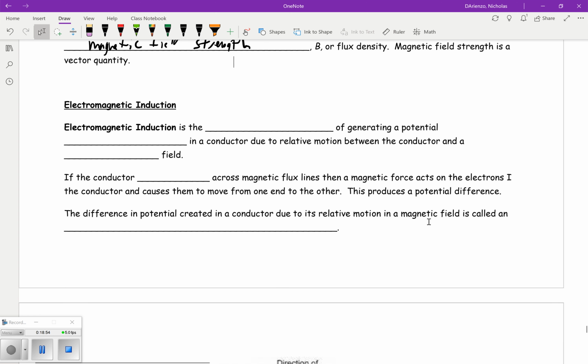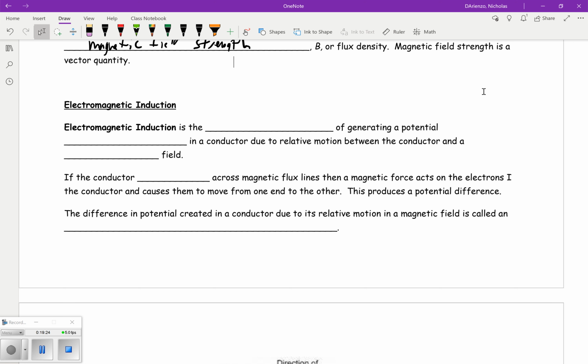Now, electromagnetic induction, we've seen this before. We saw this when Cole Johnson had done a demonstration showing how wireless charging worked on the cell phone. That was done through electromagnetic induction, inducing a current to charge the cell phone.